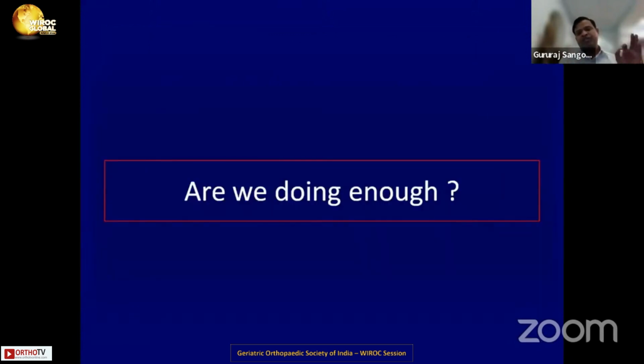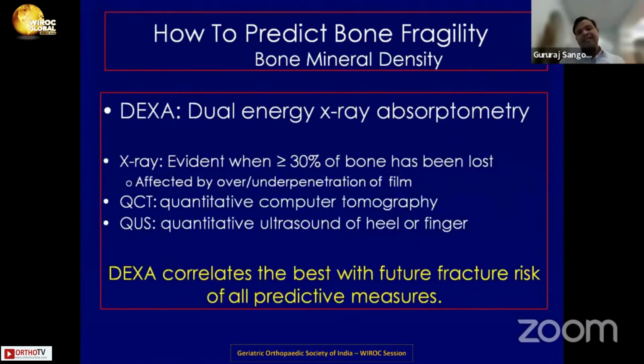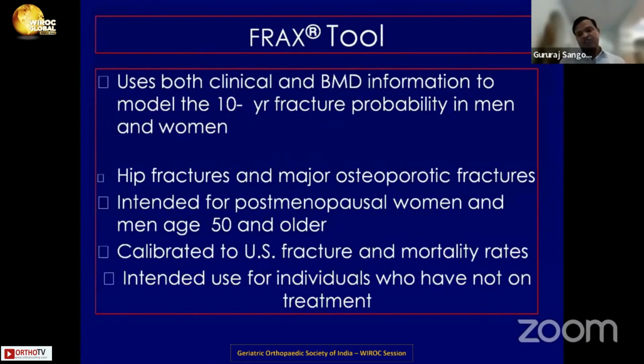But then by doing fixation, are we doing enough? No. It is found that only 22% of surgically treated osteoporotic fracture patients are treated for osteoporosis medically. In these patients, we have to do DEXA, and then we have to calculate the FRAX tool.